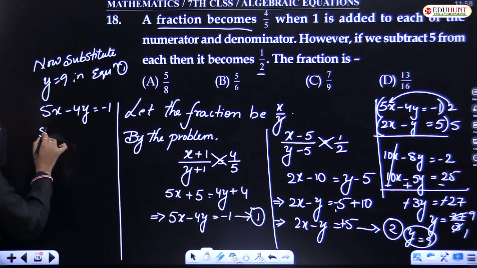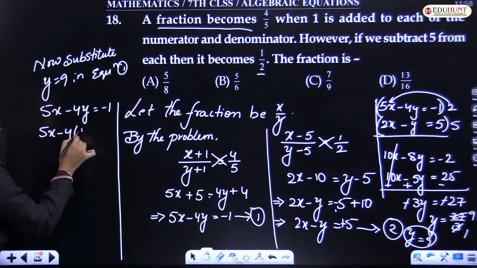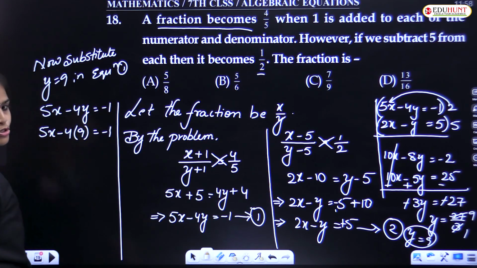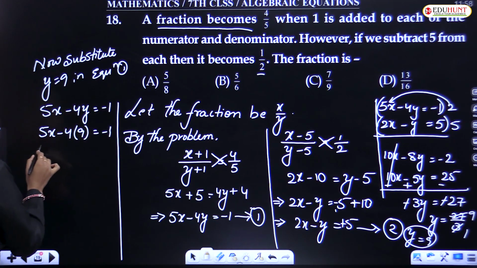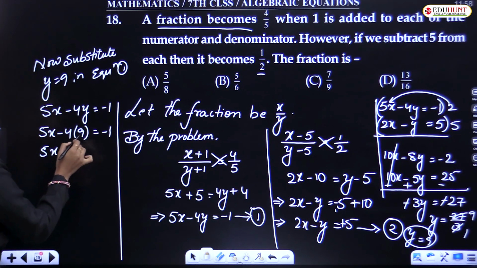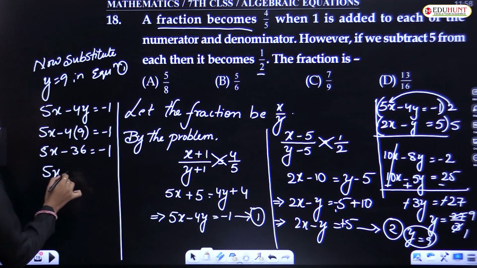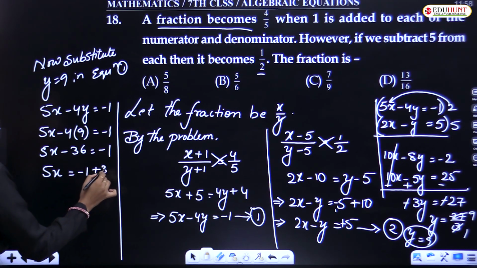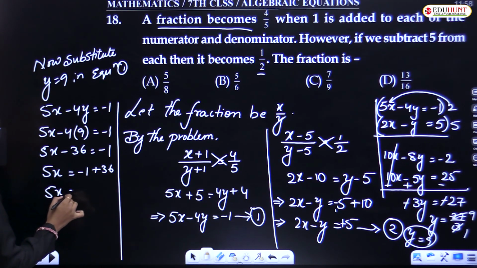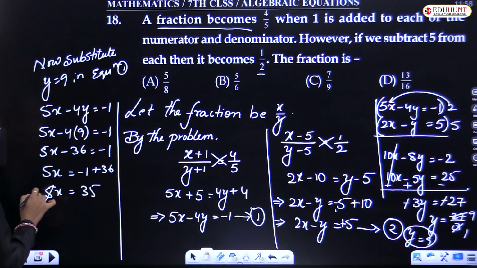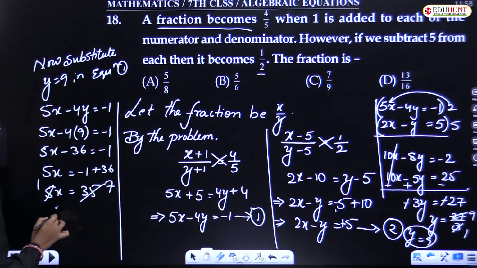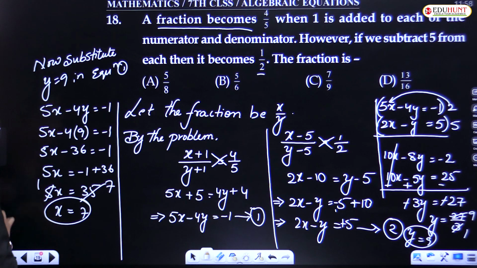So 5x minus 4 into 9 is equal to minus 1. Here 5x minus 4 9s are 36, which is equal to minus 1. So 5x is equal to minus 1 plus 36. So 5x is equal to 35. 5 1s are 5, 5 7s are 35, cancellation. So x is equal to 7.